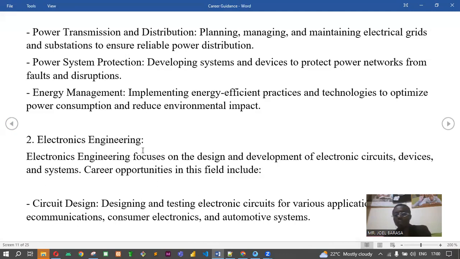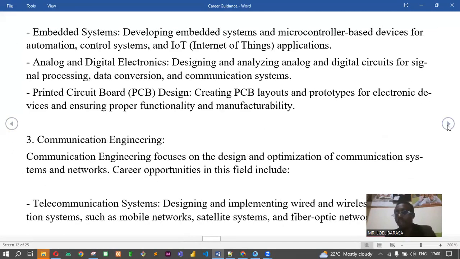You will be there because you are developing circuits and circuit designs that make up the motherboards of all these. If it's microchips, you are the ones who are designing those microchips, those small things. Embedded systems, I've talked about systems like microwaves, fridges, refrigerators, and so on. So all of that, you are the ones dealing with them.